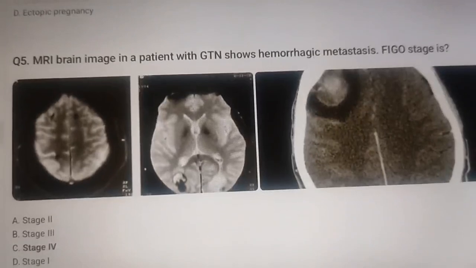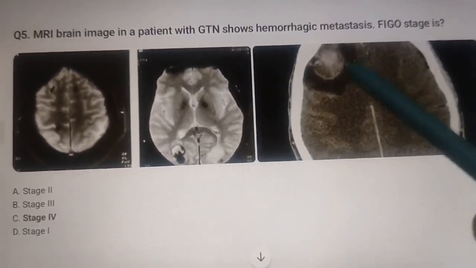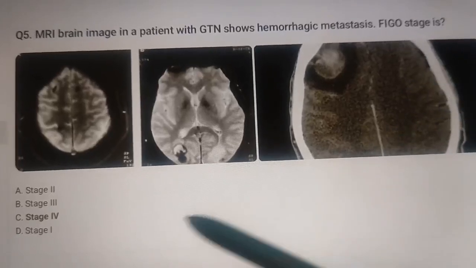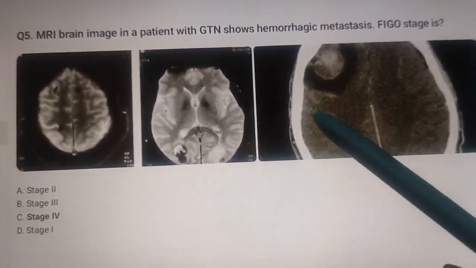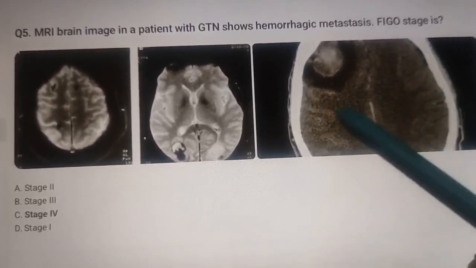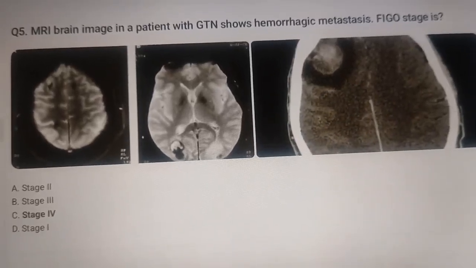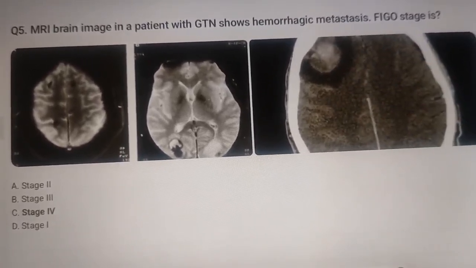Then next, MRI brain image in a patient with GTN shows hemorrhagic metastasis. What is the FIGO stage? It is stage 4 because we have studied the third stage is cannonball metastasis in the lung, but stage 4 is other sites of metastasis, brain, liver and kidney. So there is brain metastasis, then the answer is stage 4.